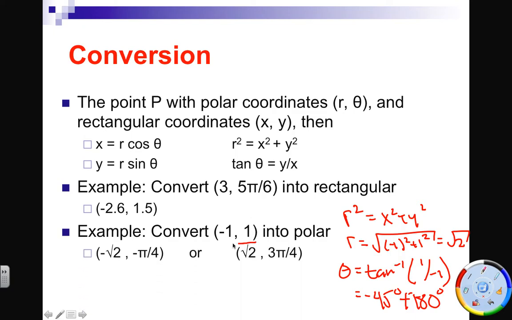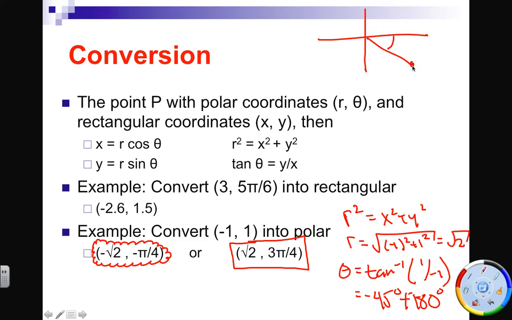And I get this version here. But you could have gotten this: if you used this negative 45 degrees, all you would have to do is make your r value negative. So being down here, if I said negative 45 degrees, if I said a negative radius, I will get up here into quadrant 2. So there's 2 ways to write that answer.